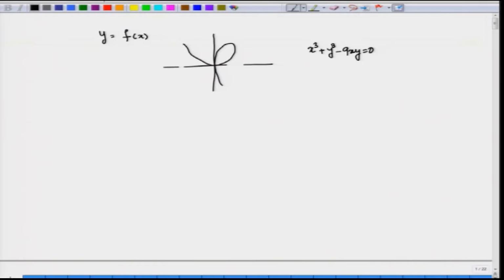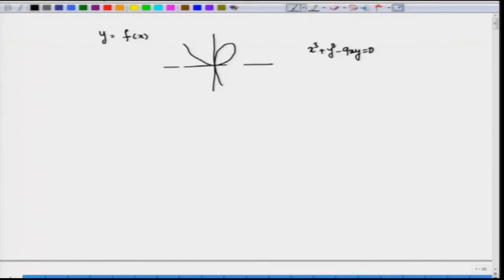Now, here as we know, this curve is not a graph of a function, because we know the straight line rule of when a curve is going to be a graph of a function. So, basically we cannot find y prime by writing y is equal to something in terms of x. So, how to handle this situation?